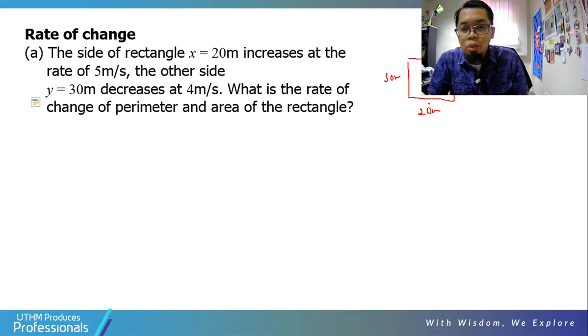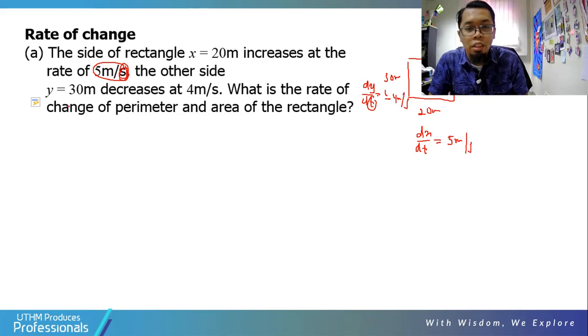Okay, the change with respect to time: dx dt equals 5 meter per second, increasing. For y, dy dt is negative, decreasing 4 meter per second.